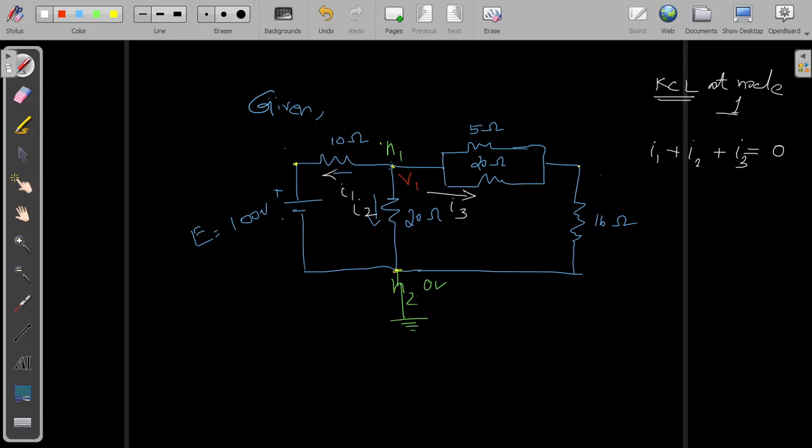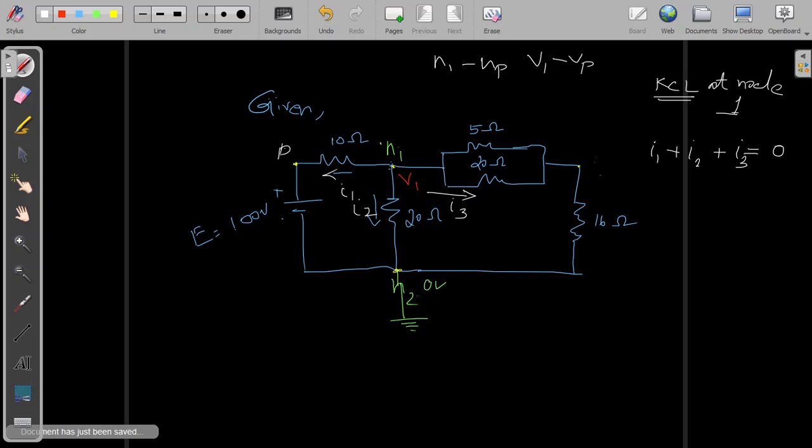The voltage across this 10 ohm will be the potential difference between this point N1 and this point. Let us say this is point P. So the potential difference will be V1 minus Vp. That will be the voltage drop across the 10 ohm resistance.